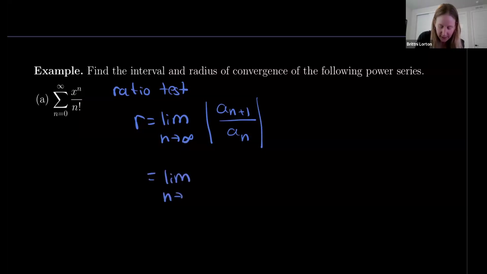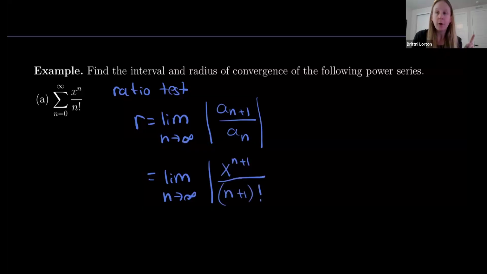I do the limit as n goes to infinity, keep that absolute value. I first plug in n plus 1 everywhere I see an n, only where I see an n, and then I divide by the original, so divided by x to the n over n factorial, and you know how to divide by fractions. That means I multiply by the reciprocal. Keep the absolute value.